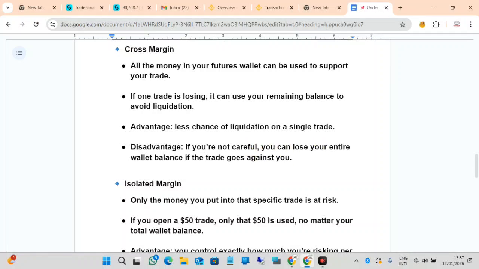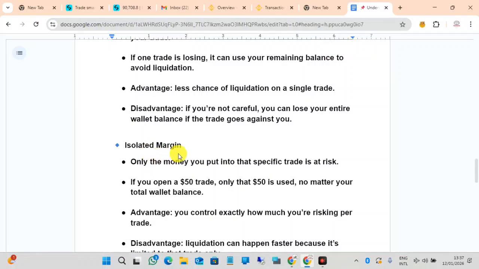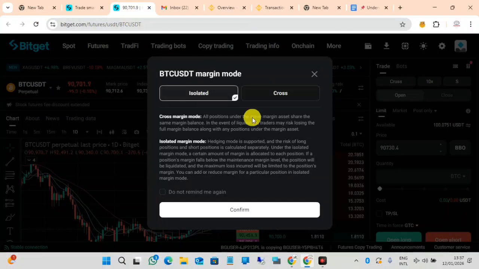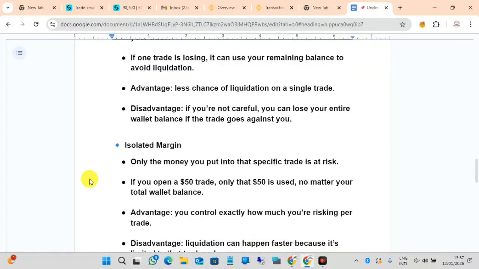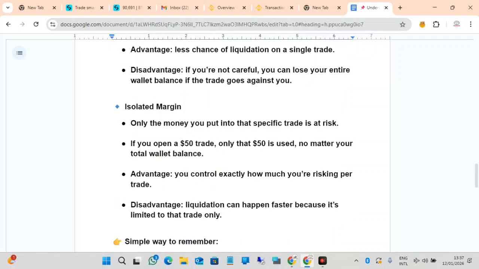Then isolated margin, let me show you. With isolated margin, only the money you put into that particular trade is at risk.